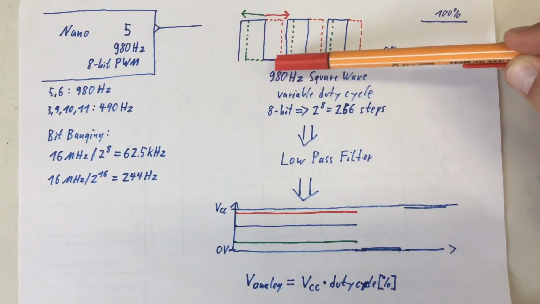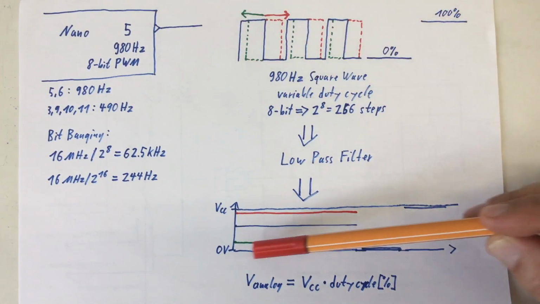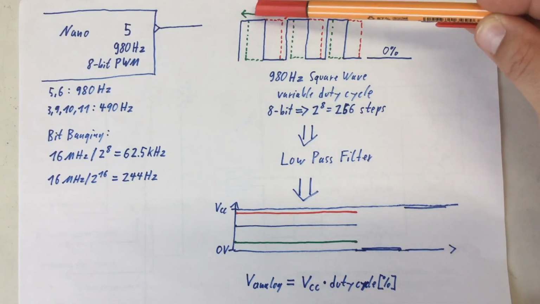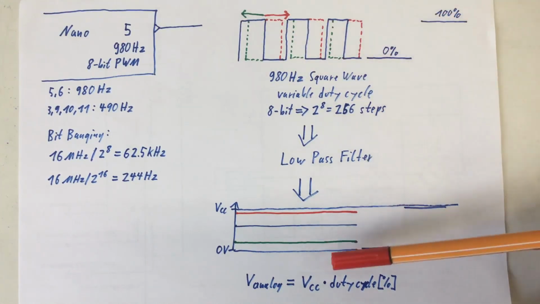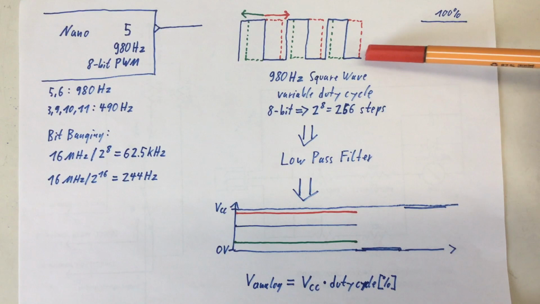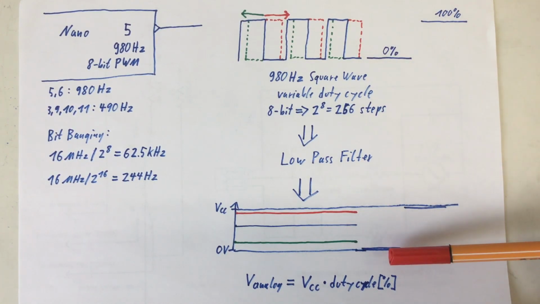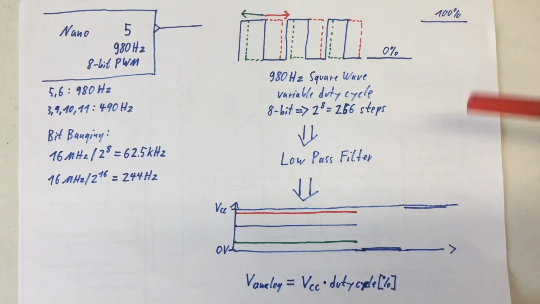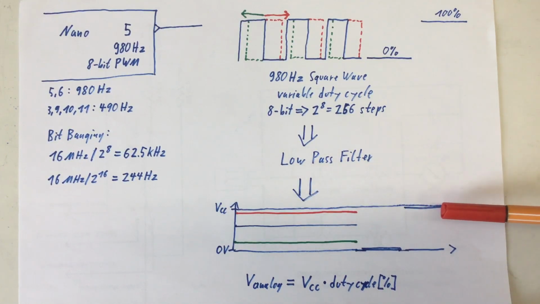For the green with the short duty cycle, something below that. For the red with the longer duty cycle, something above that. And for 0%, I should get 0 volts. And for 100%, I should get VCC itself, ideally.